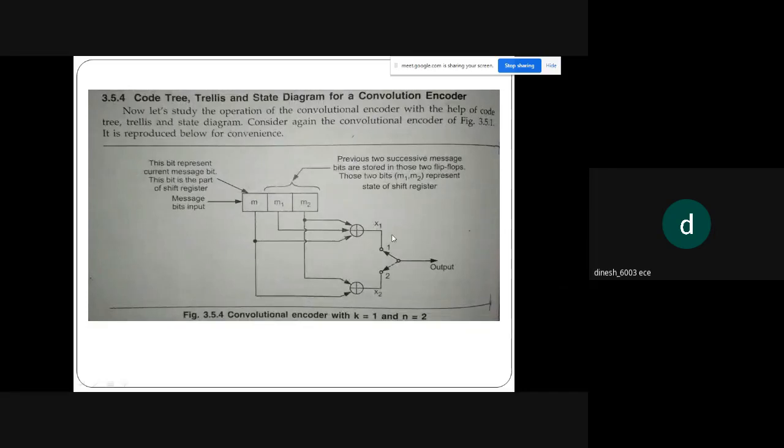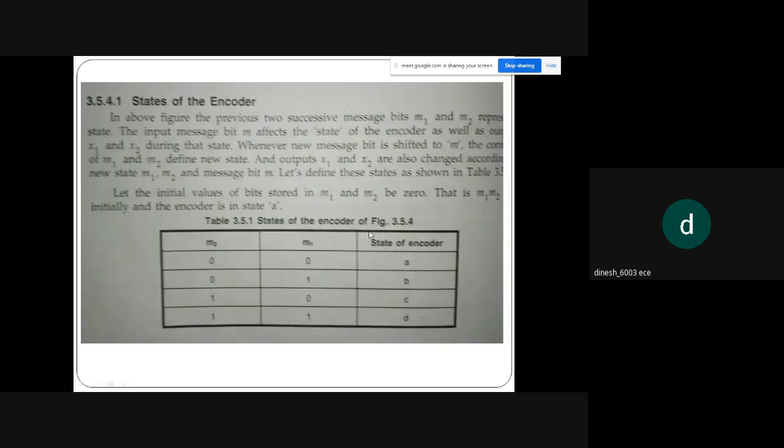Before sending, I should write what x1 is. x1 is due to m, m1, m2, and x2 is due to m and m2.